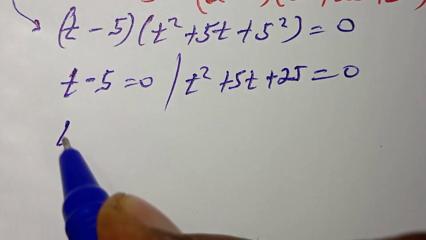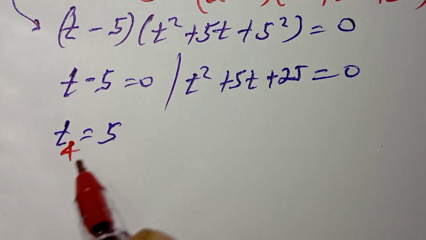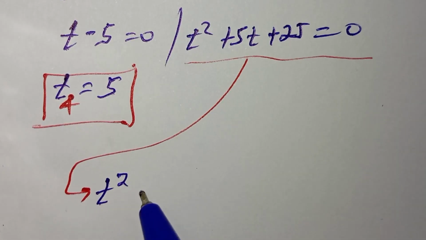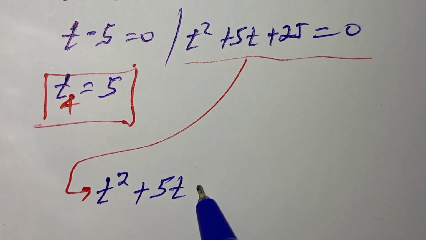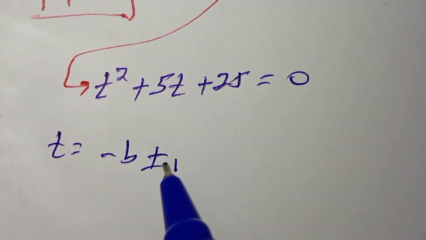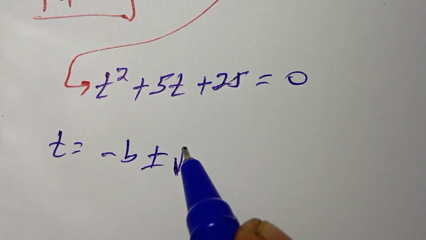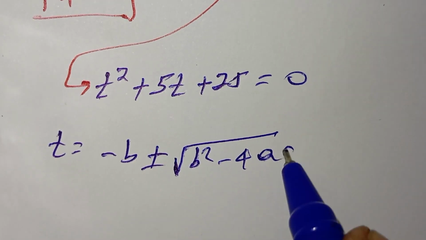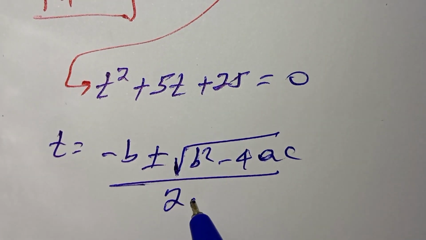From this t is equal to 5, t4 solution, and from this t square plus 5t plus 25 is equal to 0. t is equal to minus b plus or minus under radical b square minus 4ac over 2a.